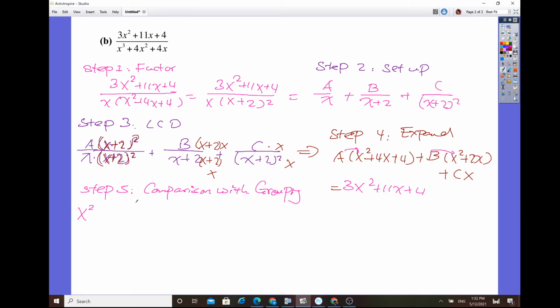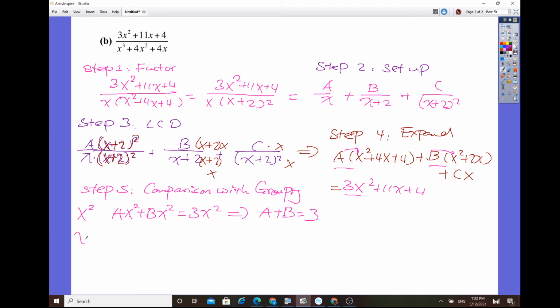Let's put it this way: if you multiply it out, or distribute, we do have ax squared plus bx squared, and that equals 3x squared. So comparing those terms, this is showing that a plus b equals 3.